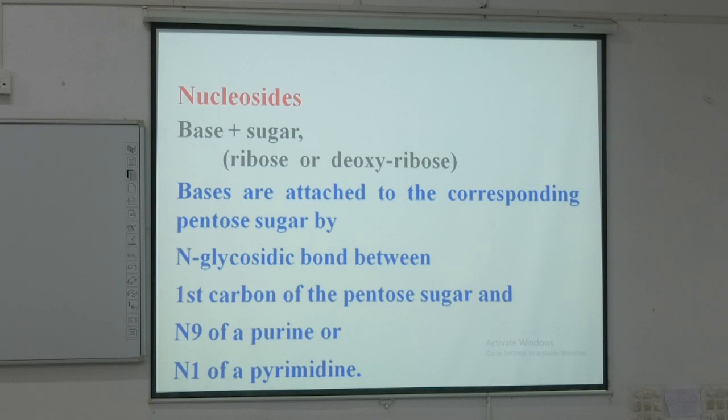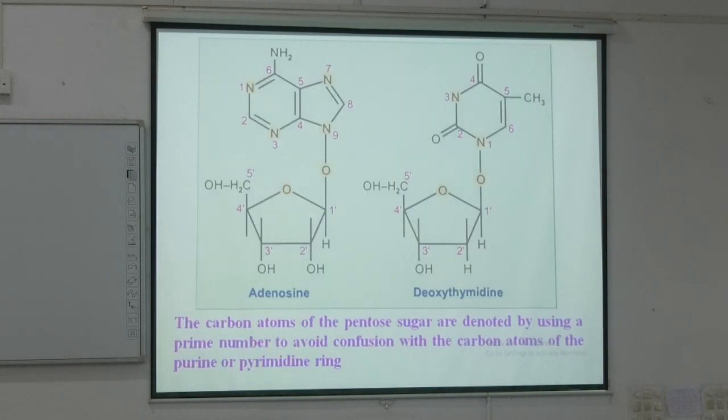Now we will start nucleoside. What is nucleoside? Nucleoside is nothing but everything except your phosphate group. That means base and sugar, when they bind, form the nucleoside. What is this? Purine or pyrimidine?